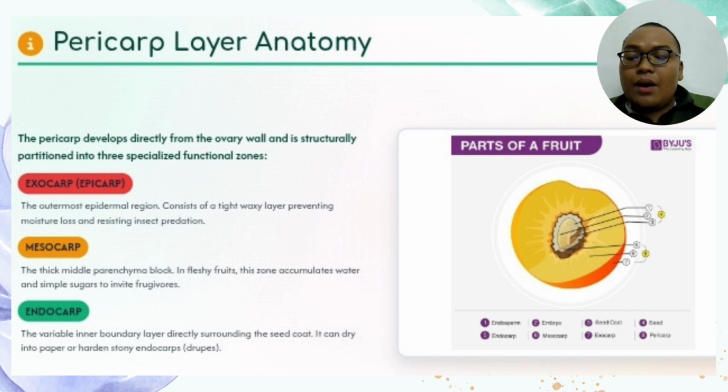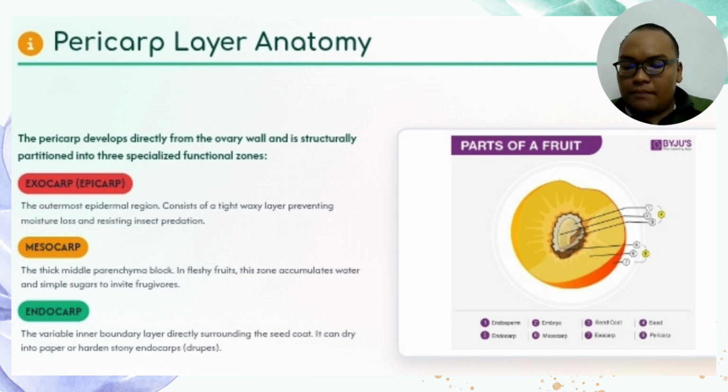Next is the pericarp layer anatomy of fruits. The pericarp develops directly from the ovary wall and is structurally separated into three specialized functional zones, which are the exocarp, mesocarp, and endocarp. First is the exocarp. The outermost epidermal region consists of a tight waxy layer preventing moisture loss and resisting insect predation.